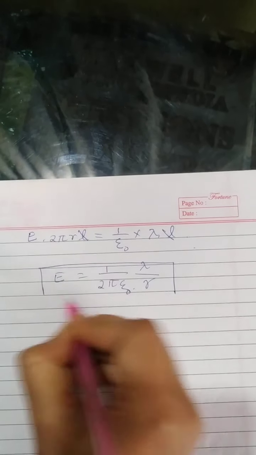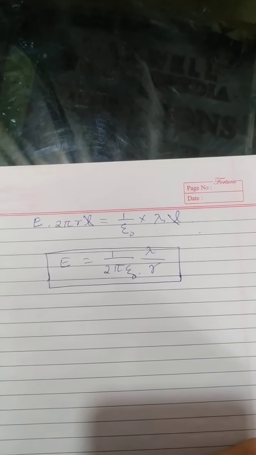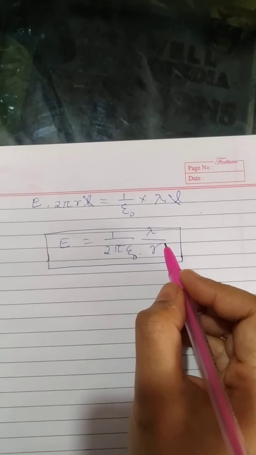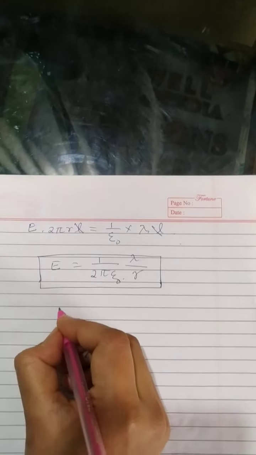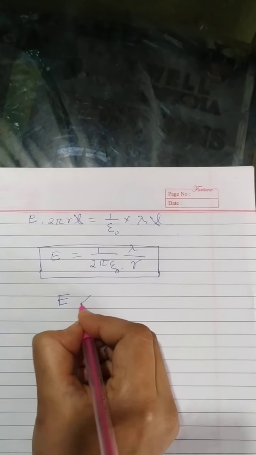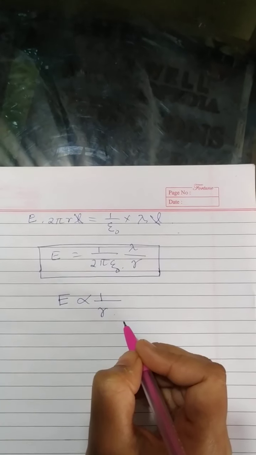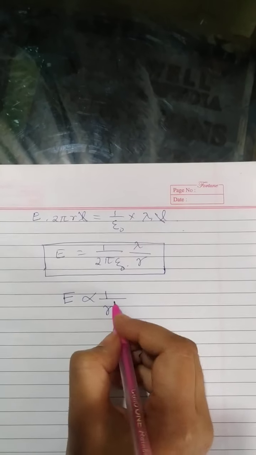This is the electric field intensity due to an infinitely long line charge which we have just calculated using Gauss theorem. And you can see that electric field intensity is inversely proportional to r, where r is the distance of the point where we are calculating electric field intensity from the line charge.